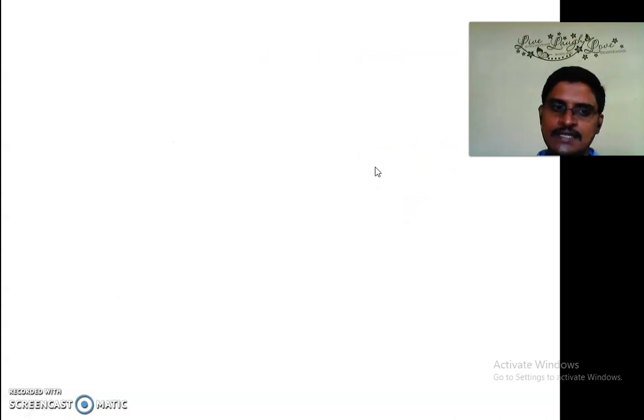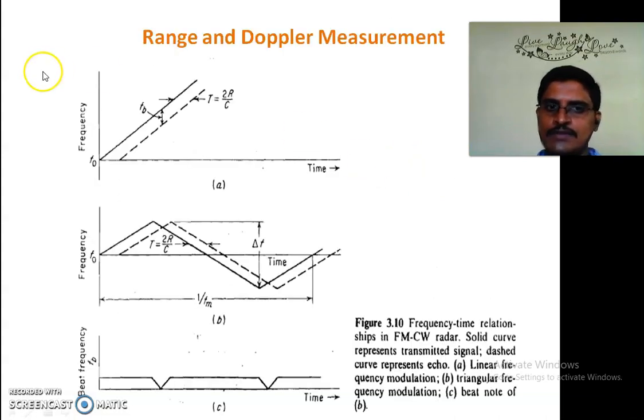In this case, our assumption is that the target is stationary. That is why there is some constant beat frequency difference between the transmitted signal and the received signal. For example, if the target is moving, the beat frequency is not only due to range, but also due to the relative velocity of the target with respect to the radar.